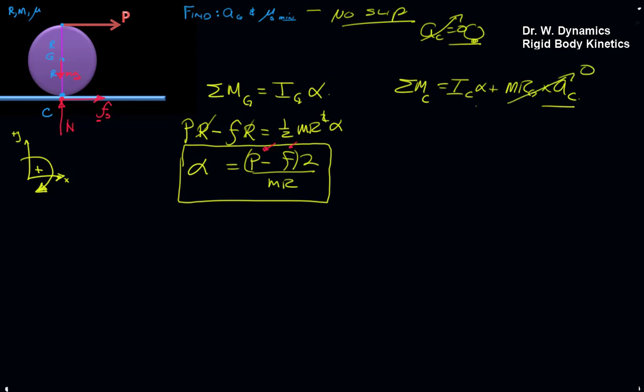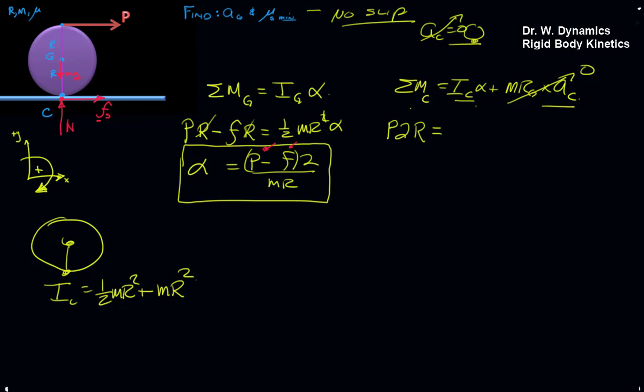If we take the moments about C, we end up with P times 2R is, now we need the I about C of a wheel. We can find that quickly over here. I about C at the bottom would be 1/2 mr squared plus, our offset distance is r, and that would be mr squared over 2.